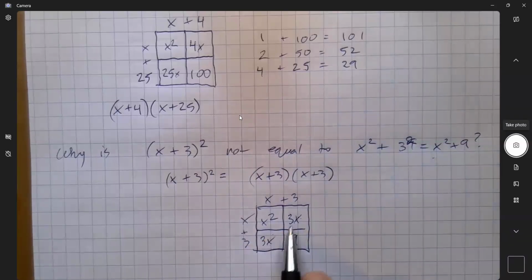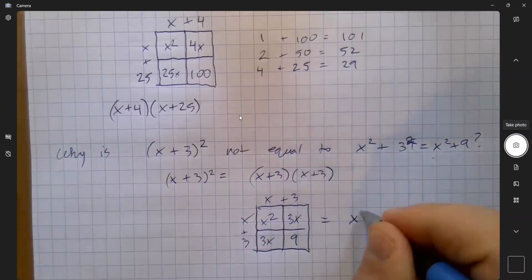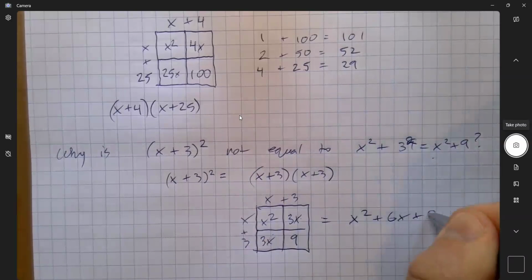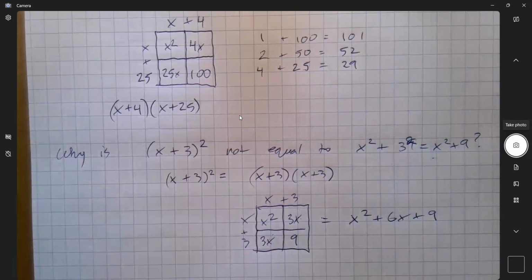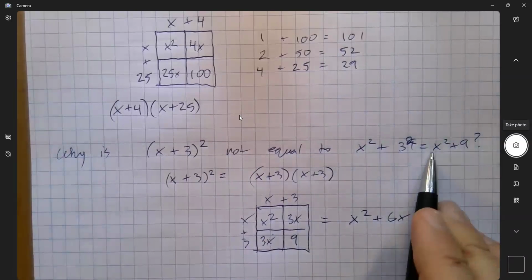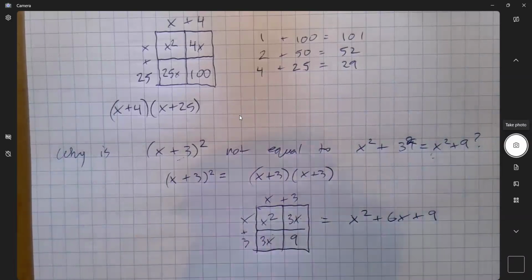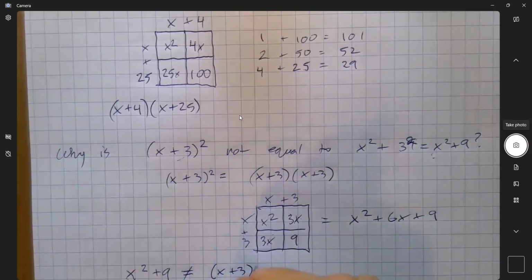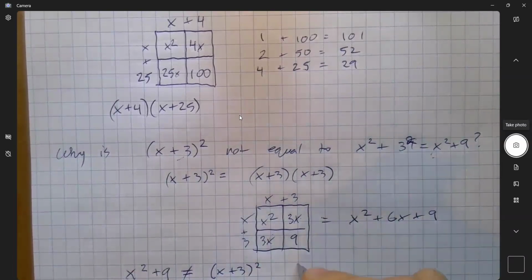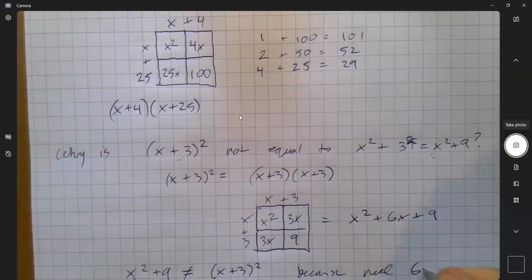We have these additional terms because of how the distribution works. It's x squared plus 6x plus 9. So x squared plus 9 does not factor into x plus 3 squared because we need the 6x term.